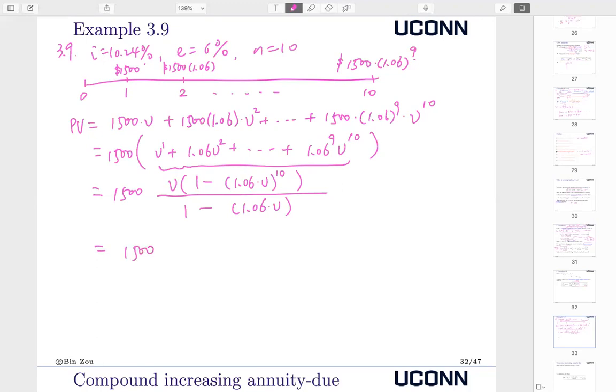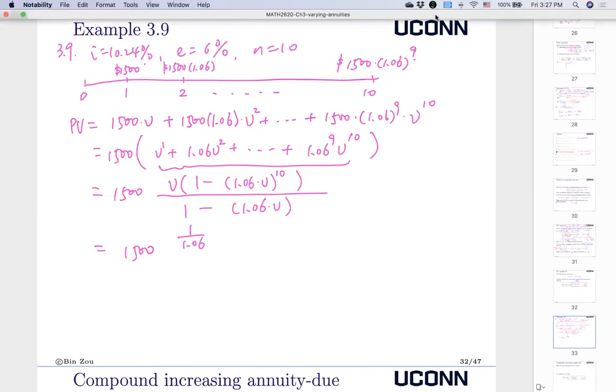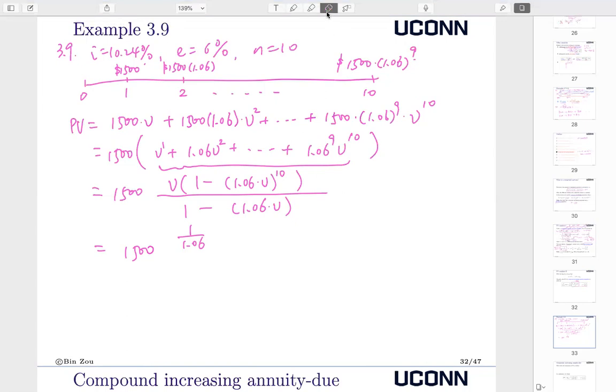So now let's take, no, not that. That's not my interest rate. So let me move this to the other side and get the eraser. My interest rate is not 6%, it's 10.24%.